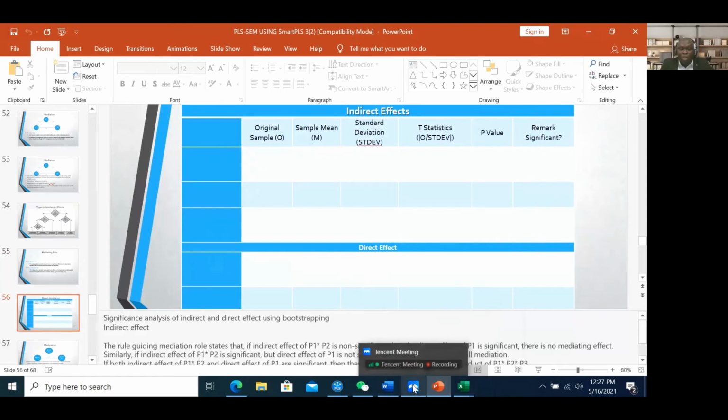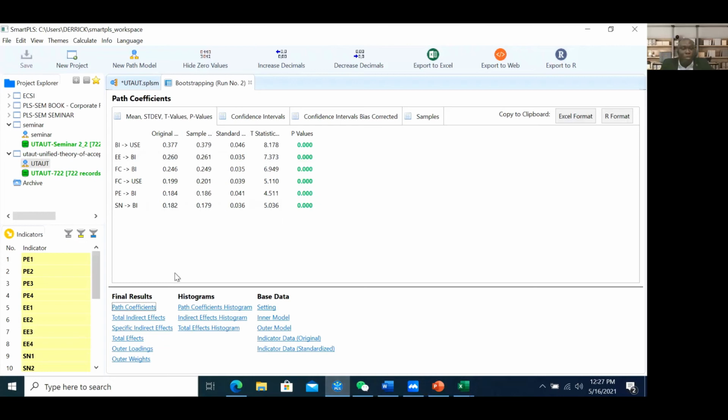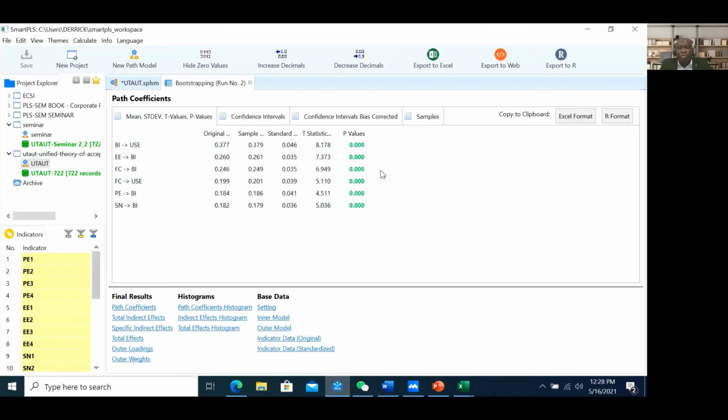So the rule for mediation is, let me show you something first. When you come to the path coefficients, all the values you get in path coefficients are what we call the direct effects. So we have FC to BI, which is a direct effect, and then we have FC to use, which is also another direct effect.